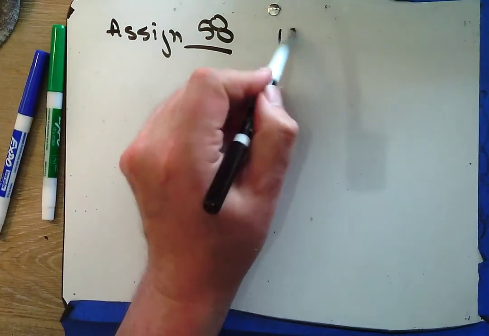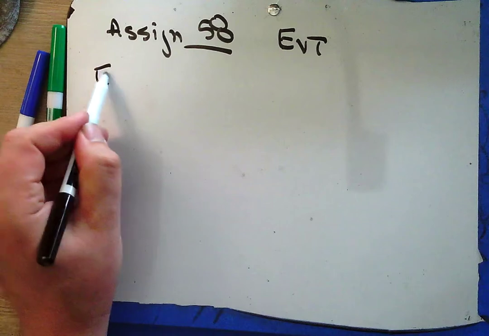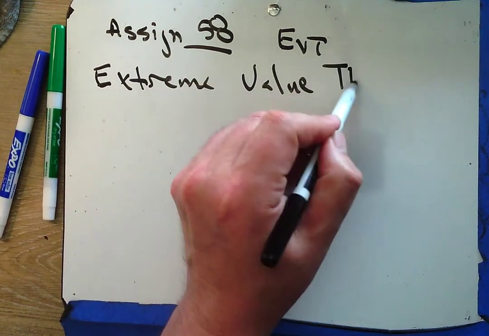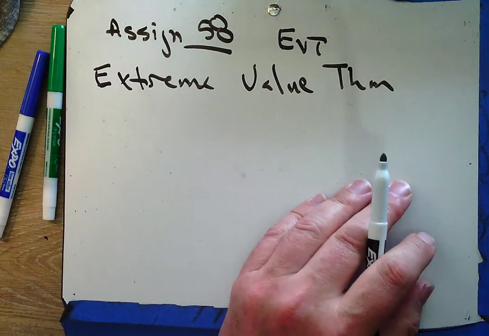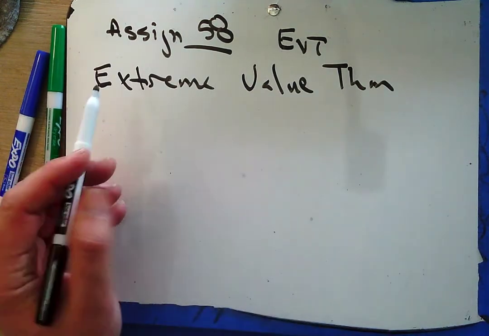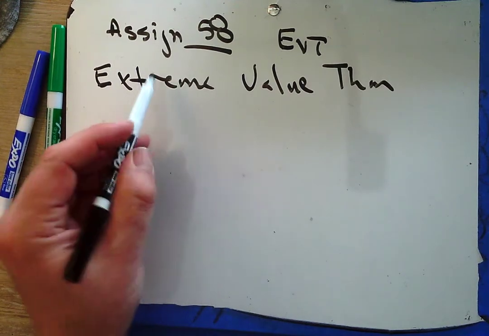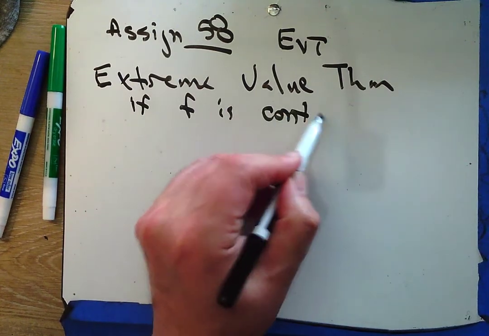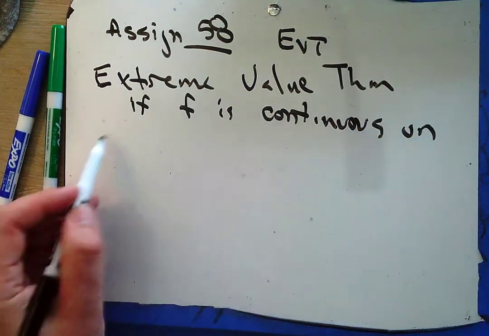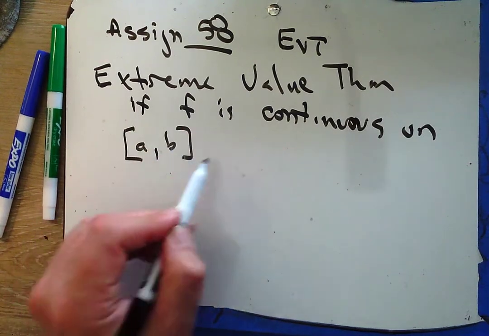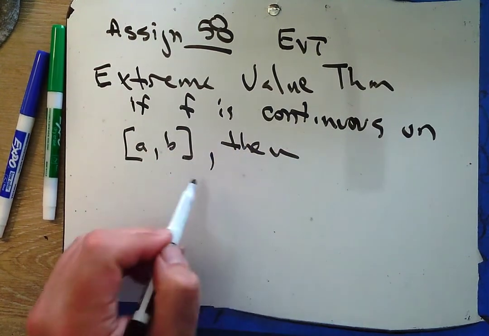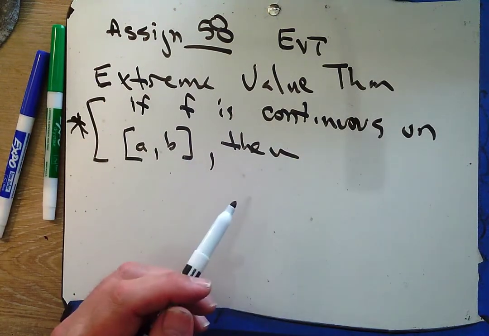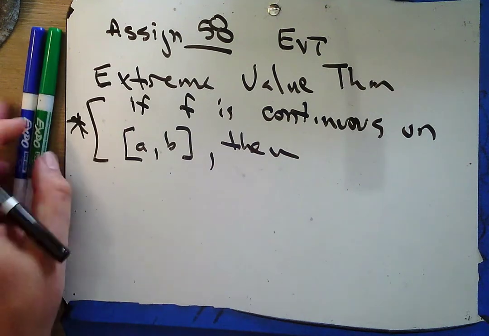Here we're going to be talking about EVT, which is the extreme value theorem. It, like many of our other theorems, has a precondition. The precondition is, if f is continuous on a to b, then, remember, as always, College Board wants us to address these somewhere, often, sometimes.